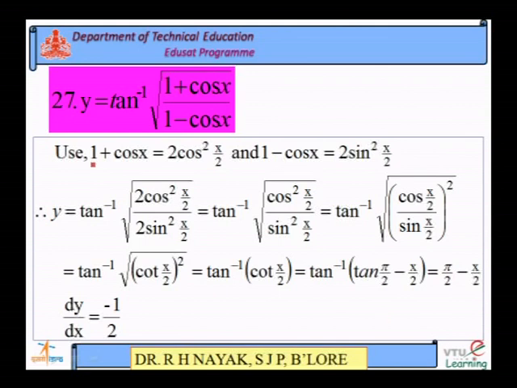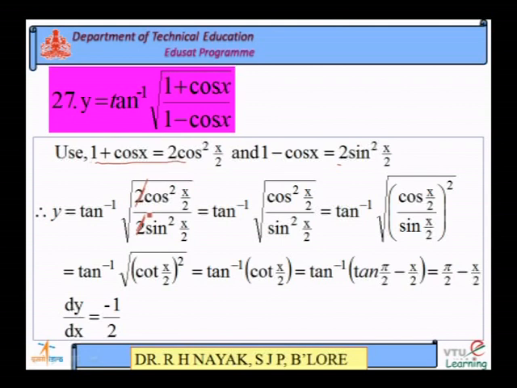As we know that 1 plus cos x is 2 cos square x by 2 and 1 minus cos x is equal to 2 sin square x by 2. If it is substituted inside the root, it becomes 2 cos square x by 2 divided by 2 sin square x by 2. Then cos square by sin square is cot square.